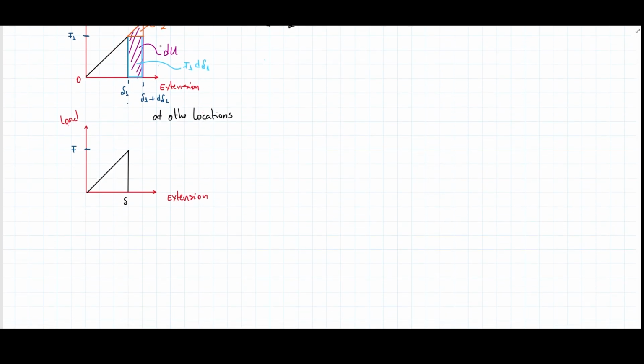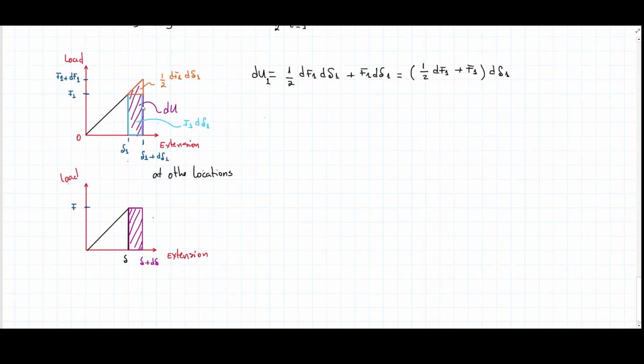For them, they didn't change any force, but what they saw was a change in the extension, delta plus delta delta. So this was what they saw. Look at the difference. This is what point 1 saw when we increased force 1 infinitesimally. This is what the other forces saw.